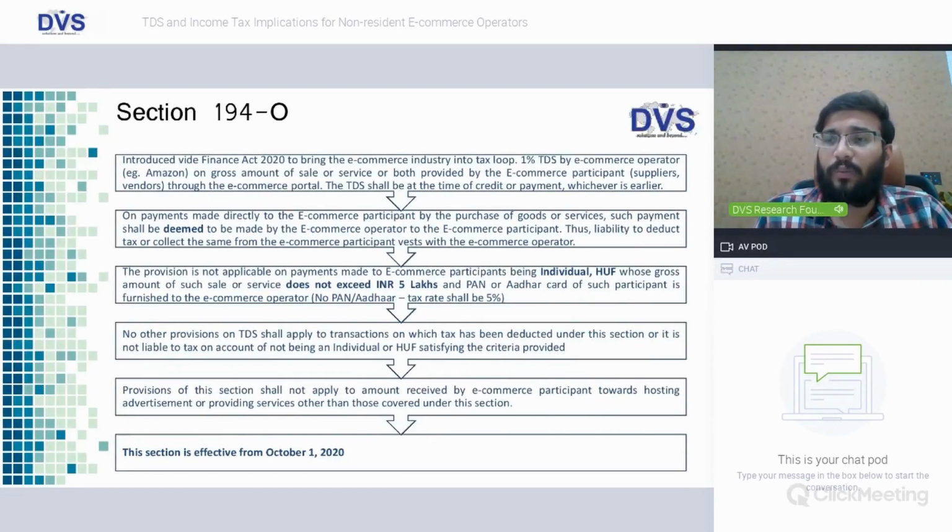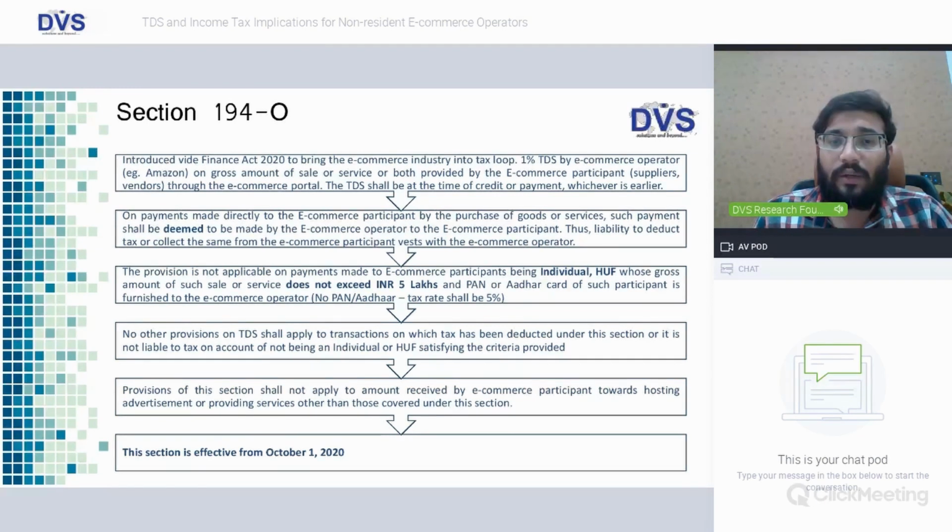So 1% TDS has to be deducted by Amazon from that XYZ vendor at the time of making the payment to them, when there is settlement of payment. Again, there is no requirement that payment has to be received by the e-commerce operator.